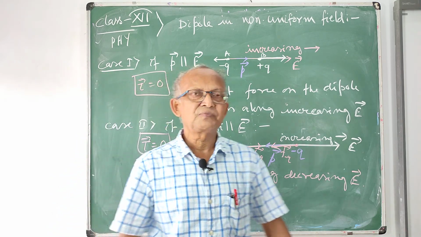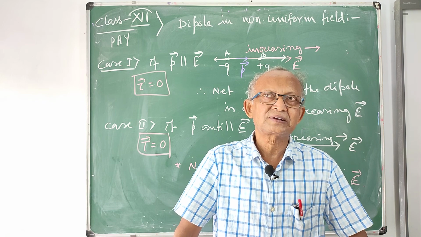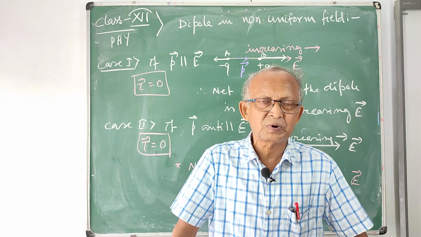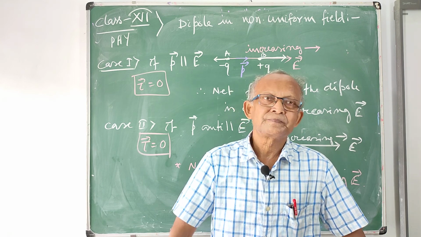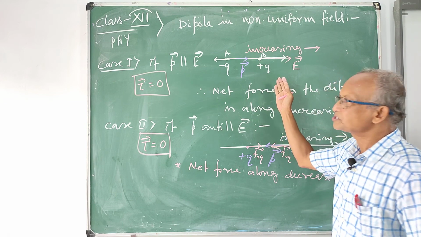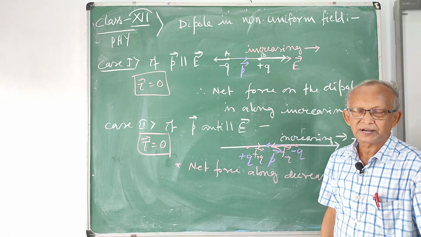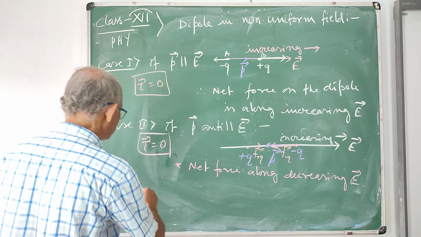All of you know that small bits of paper are attracted by a plastic comb rubbed with dry hair. Let us try to analyze the case on the basis of dipoles placed in a non-uniform electric field. Okay, I am again saying small bits of paper.